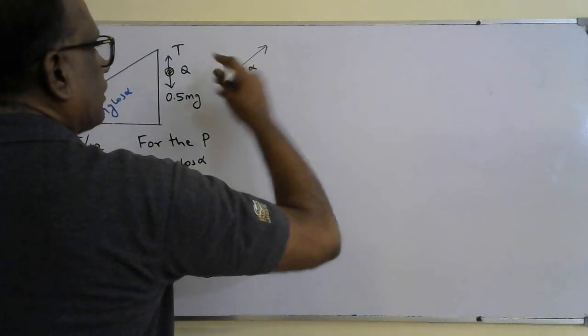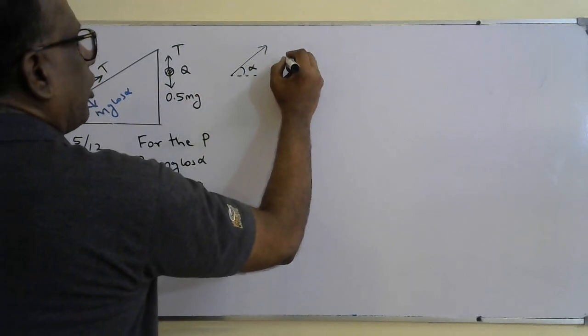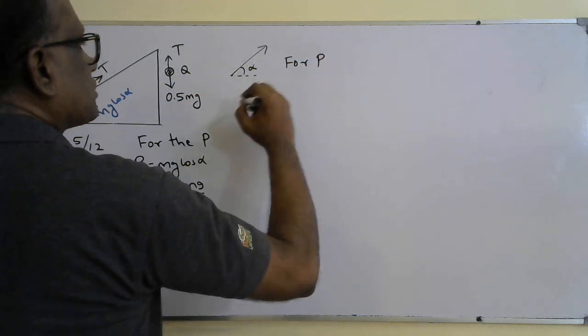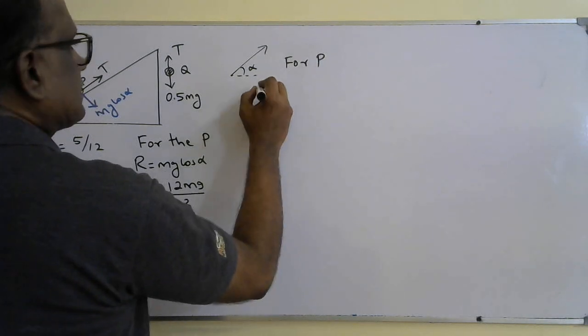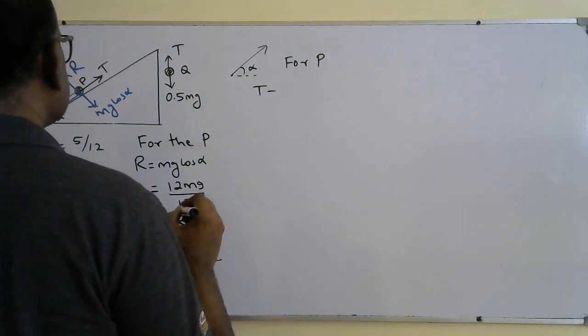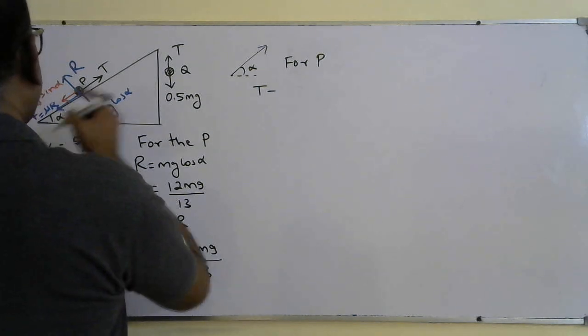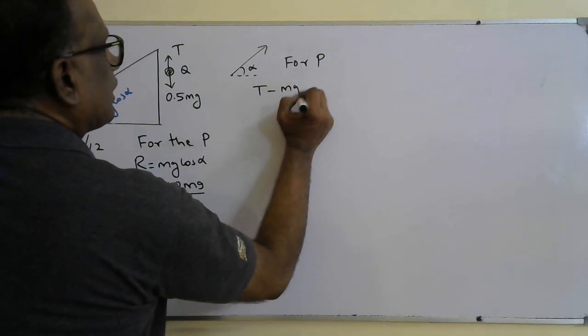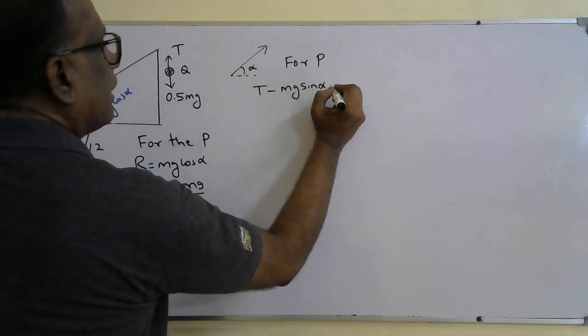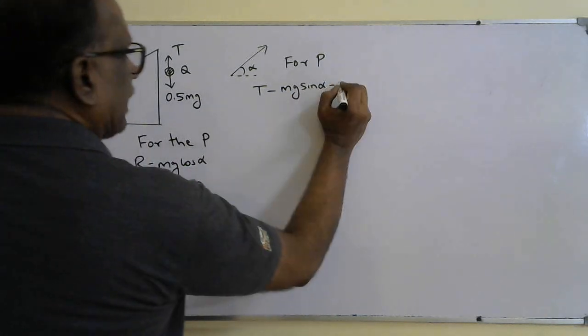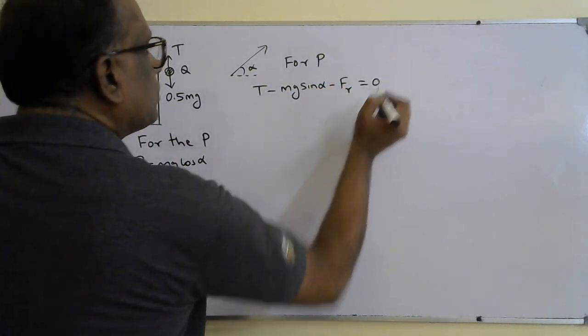So for P, along the slope: T minus mg sin alpha minus the friction Fr is equal to 0.